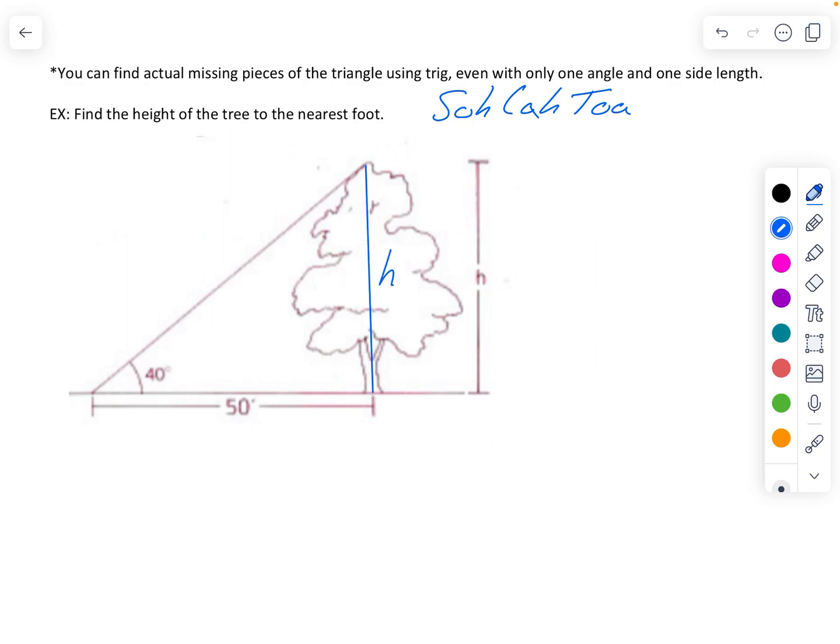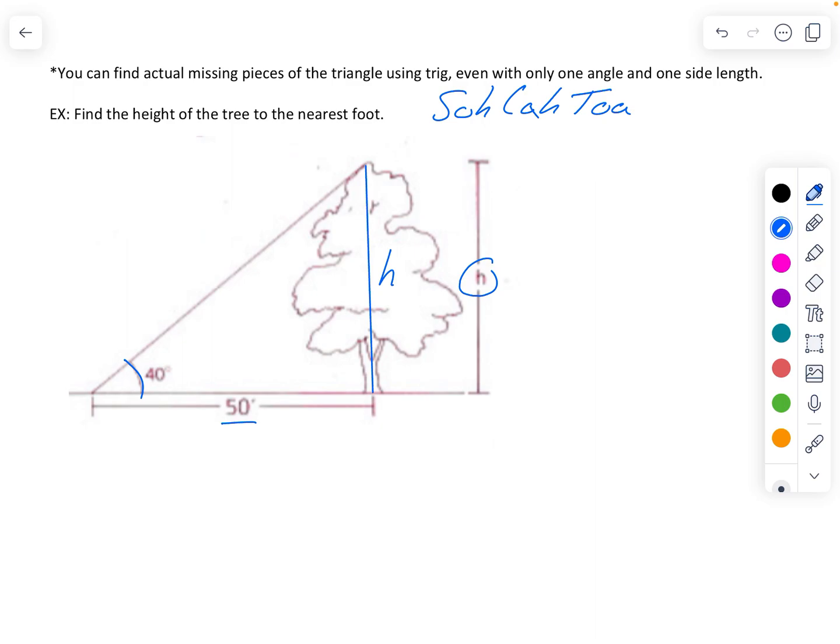This is our h. It's the same as what's drawn right there. But now I'm making the right triangle so we can see this measurement at the bottom is 50. We have our 40-degree angle and the height. So now I have this right triangle, and we want to know how tall the tree is. We can't do Pythagorean or anything else. We only have one side and one angle. But we can do trig.